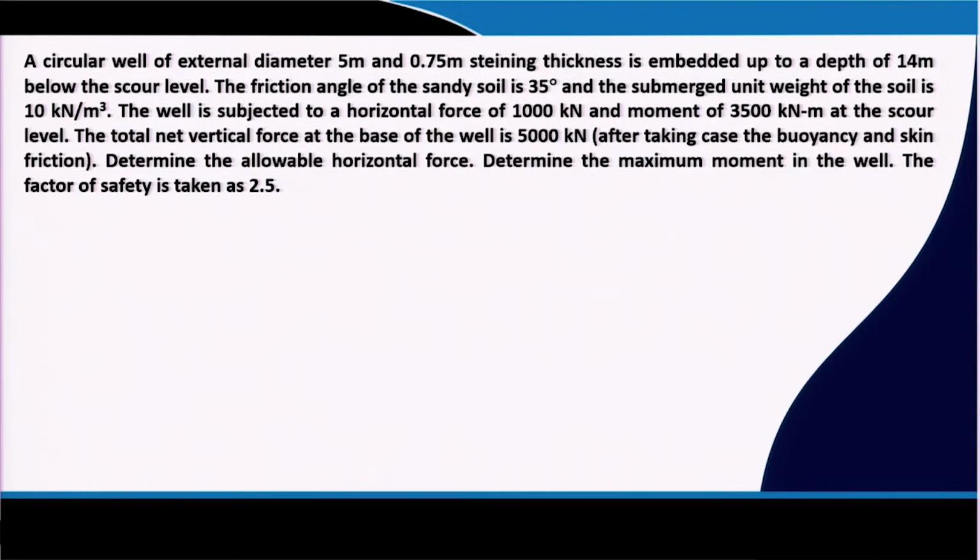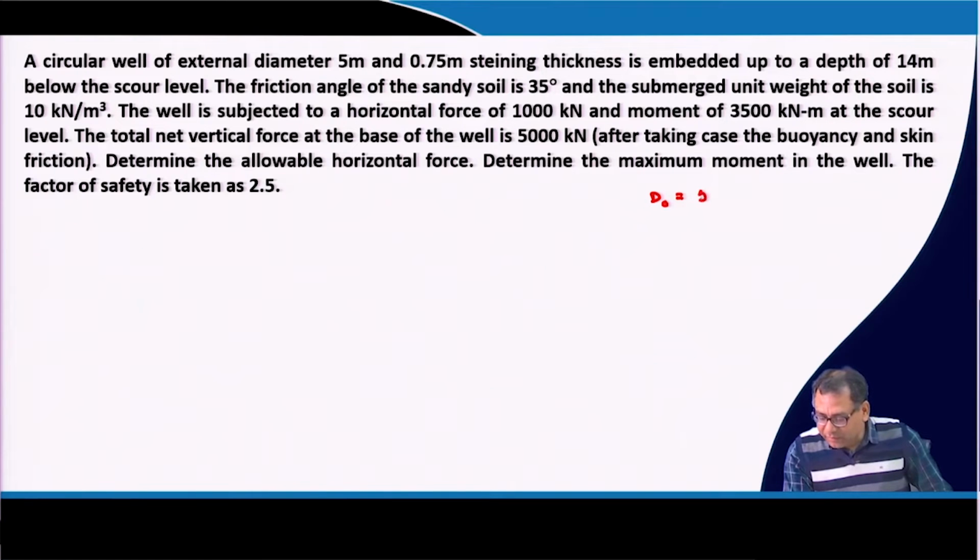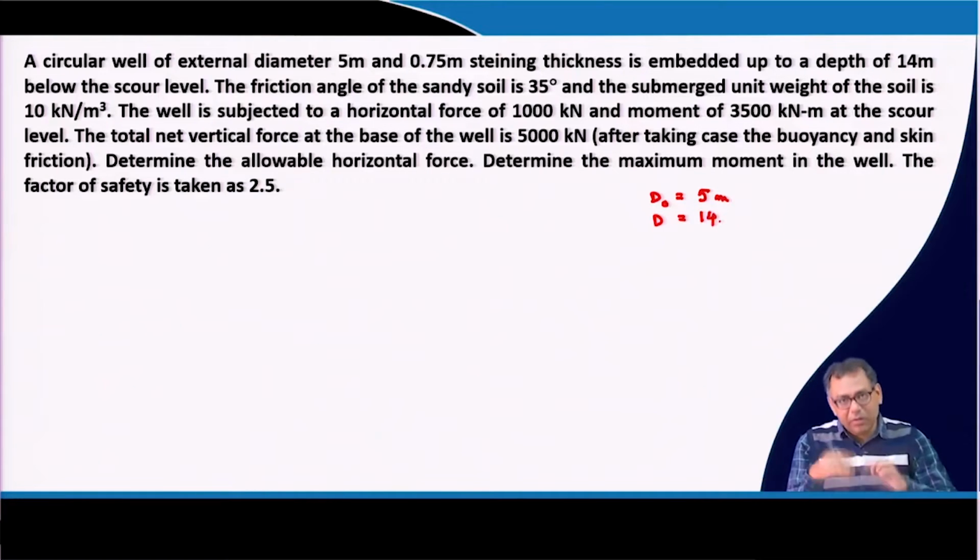In the example problem, a circular well is given with external diameter d0 of 5 meter, and the depth of embedment is 14 meter below the scour level. So, d is 14 meter because depth is below the scour level.